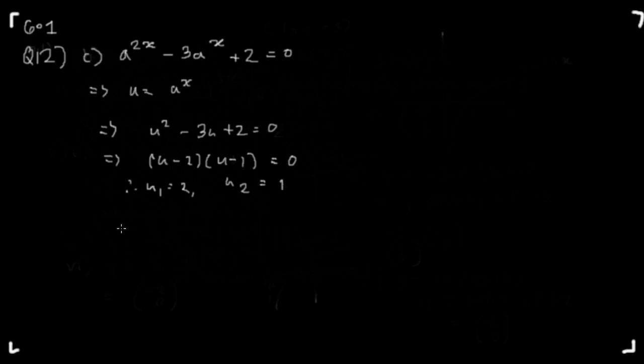Right? So now we can find, u is equal to a^x, right? So that means a^x is equal to 2. a^x is equal to 1. So from here we can find ln a^x equals ln 2, right?